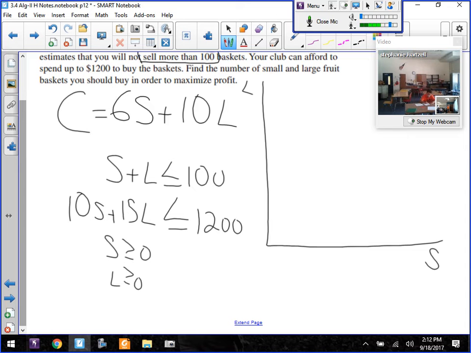Now we plot it and graph it just like we did for the past few days, knowing that we're in the first quadrant. So here we have intercepts to start with. I have intercepts at 100 for both of these. Are we okay with that? Pick a spot, call it 100. Here's 100, 0. Here's 0, 100.